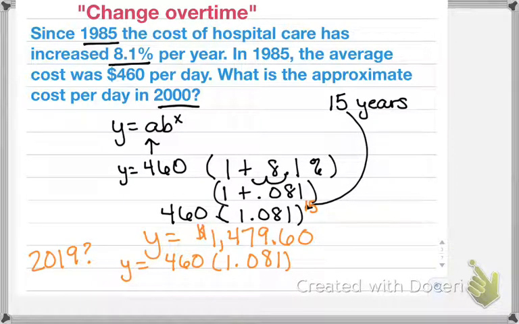But now I would have an exponent of 34 years. So then that would be $6,498.77 per day. I haven't been to the hospital recently, but I know that medical care is very expensive, so hopefully it's not that much. But this is an example of change over time if it was a set increase of 8.1%. In the real world, things fluctuate, but this kind of gives us an overall generalized view.